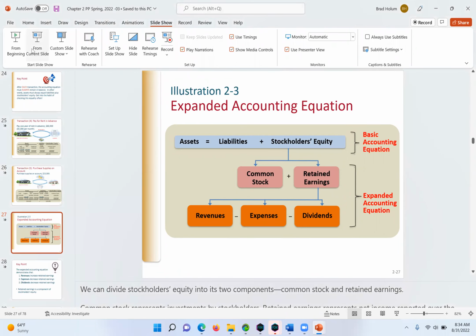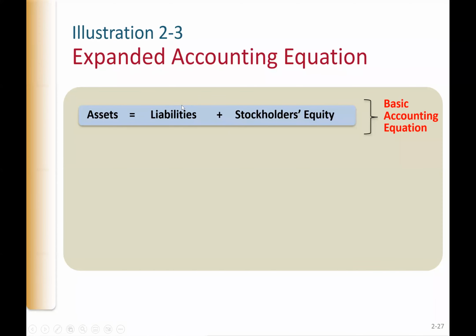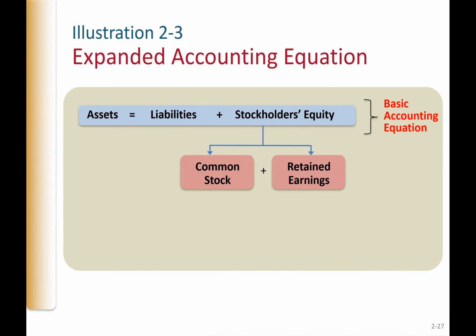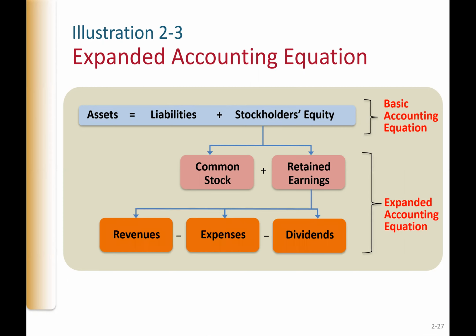Now, we're going to expand this out a little. We know, based on last week's chapter 1, that when we looked at the statement of stockholders' equity, there was a section under retained earnings where we added our net income and we subtracted our dividends.